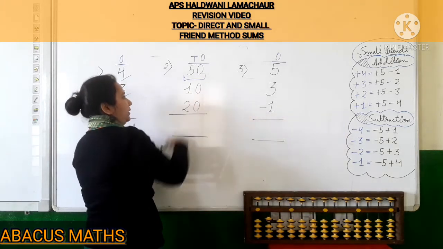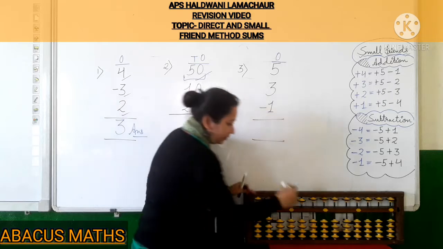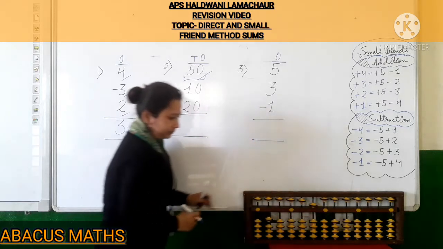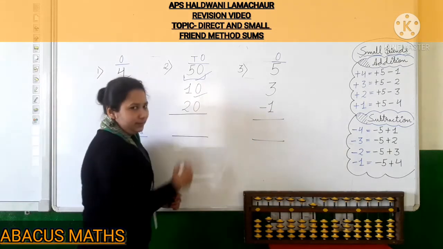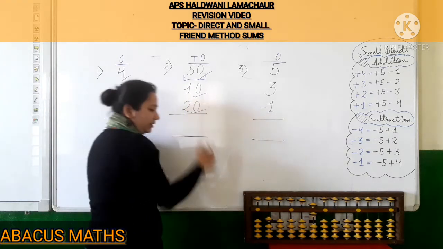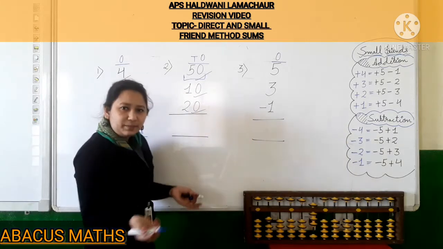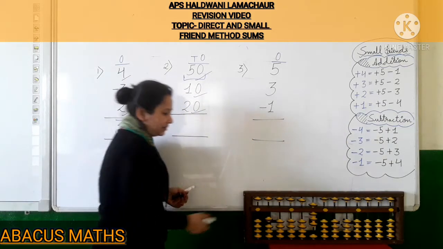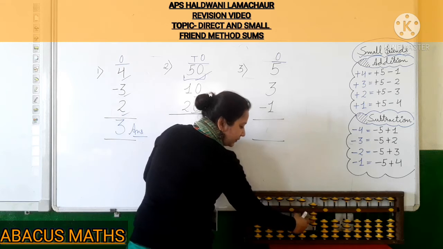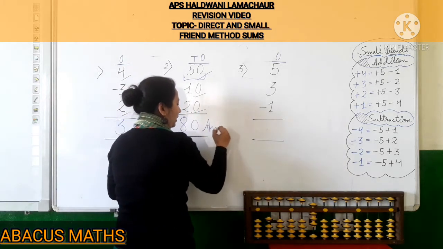Now add this 50. You know 50 is in the second row. Now add 10. Again add 20. And your sum is completed. These are direct sums. Now 50, 60, 70, 80. And 80 is your answer.